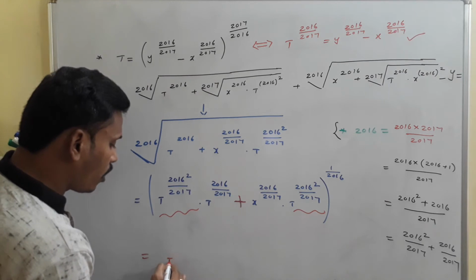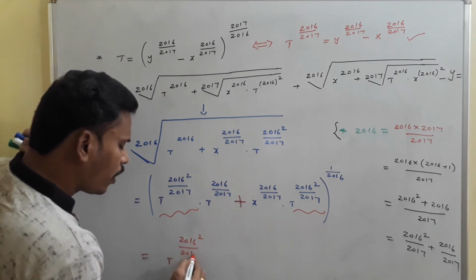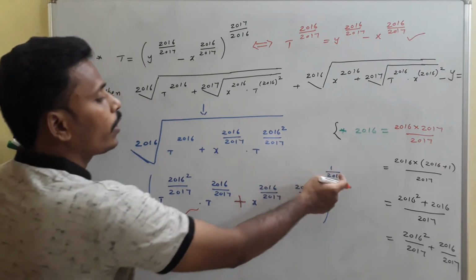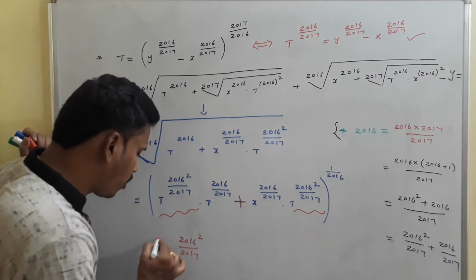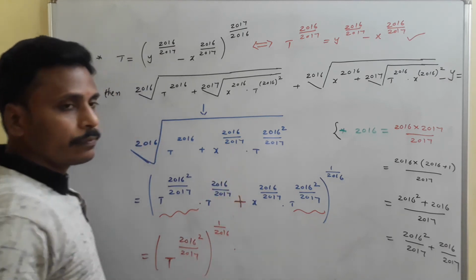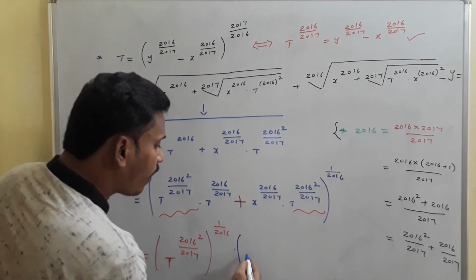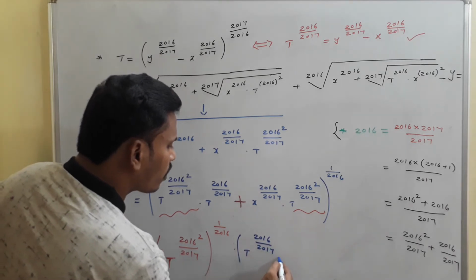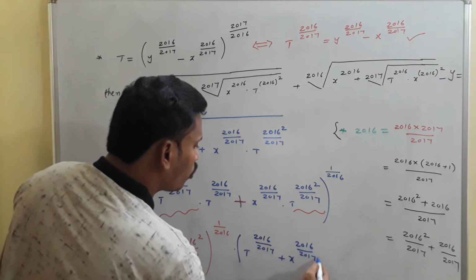So this is equal to t power 2016 square by 2017, whole to the power 1 by 2016, into, here in the bracket, t power 2016 by 2017 plus x power 2016 by 2017.